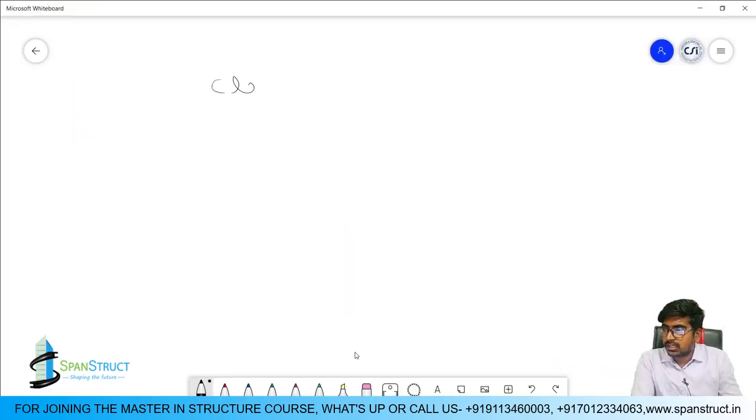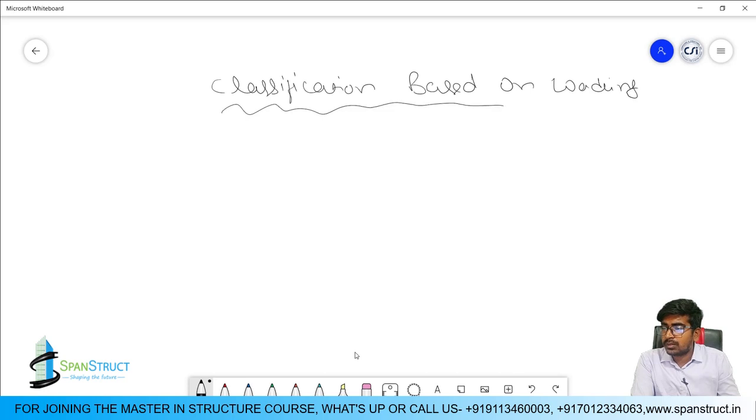You can classify your columns based on loading also. There are three types of this classification. One is your axial loaded column.